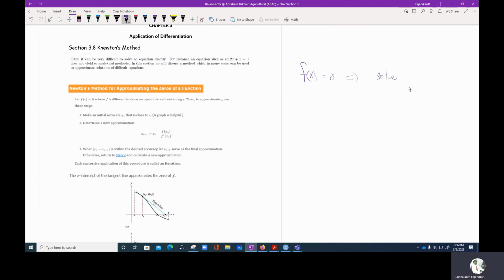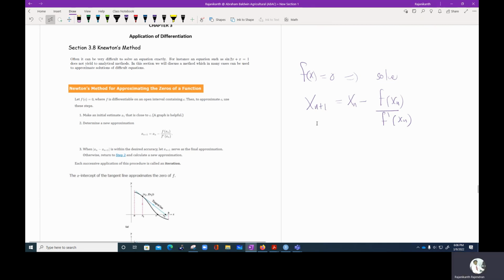To solve this, we use the applications of differentiation. How can I use it? We use an iteration method. We use this formula to find the possible solutions for the given equation, possible zeros in other words.